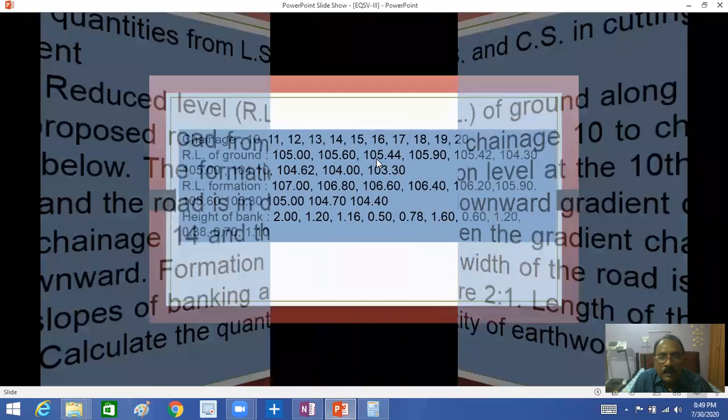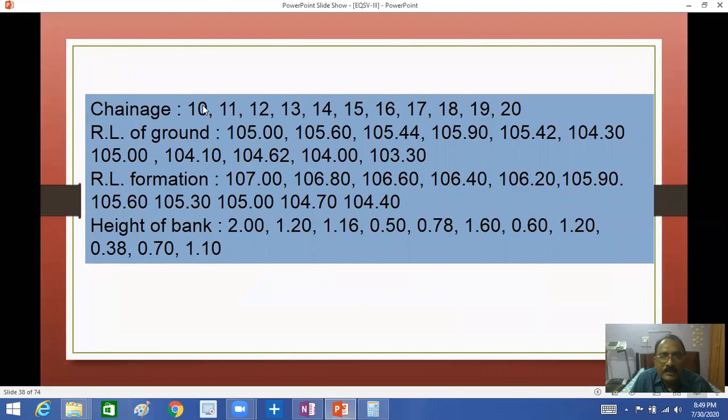How to solve? See, here are the 10th chain, 11th chain, 12th chain, up to the 14th. Up to here it is a 1:150 downward gradient.